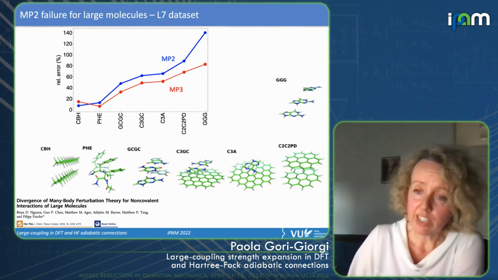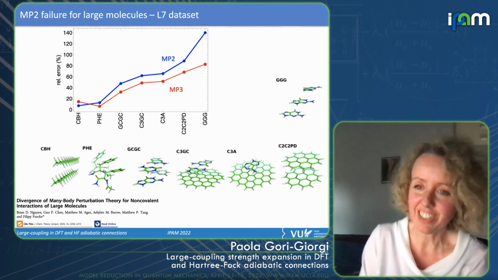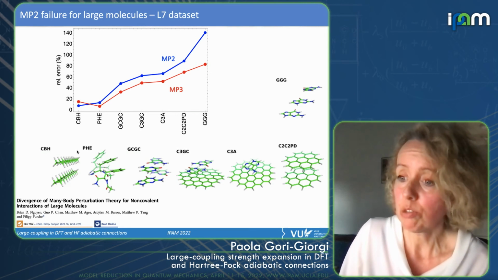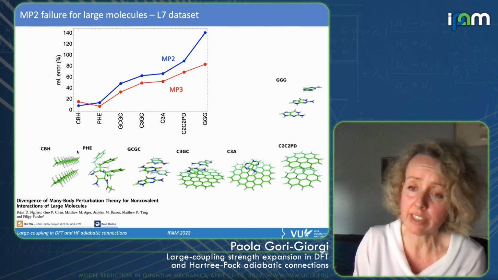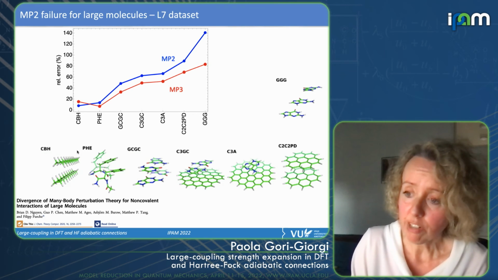Okay, since we had observed that for non-covalent interactions it could work well, what we tried to do is to use this interpolation idea to see if we could correct the MP2 errors for large non-covalent complexes.